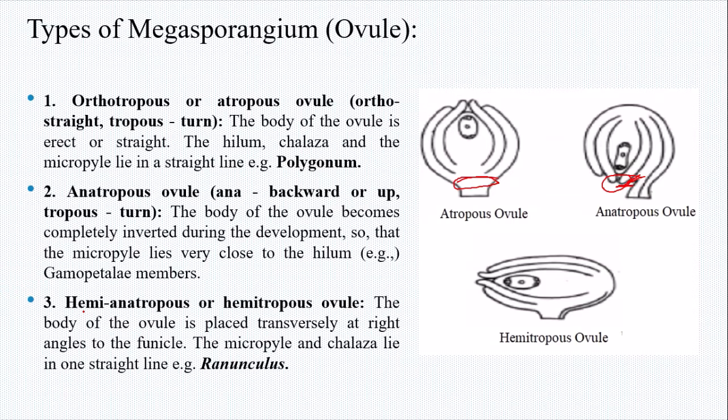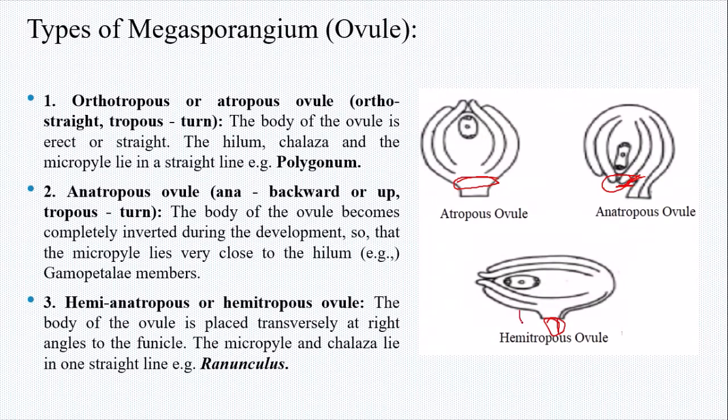Third one is hemianatropous or hemitropous ovule. The body of the ovule is placed transversely at a right angle to the funicle. This would be the funicle, and this is the body of the ovule.